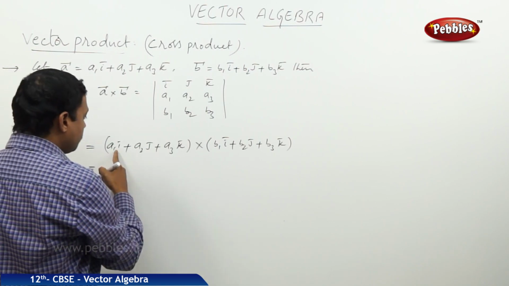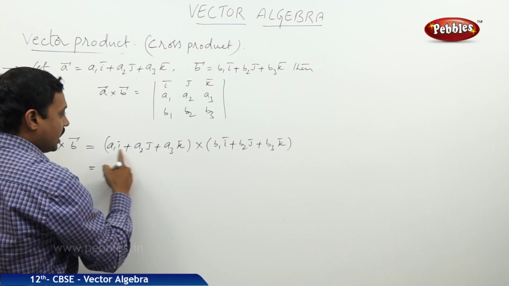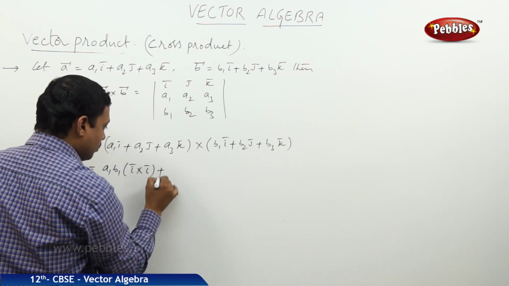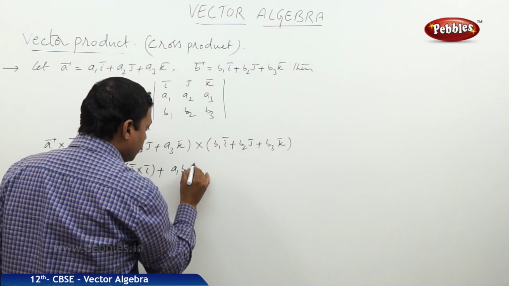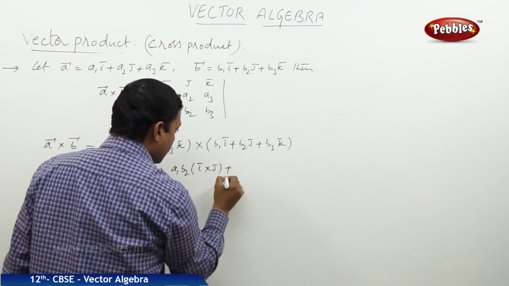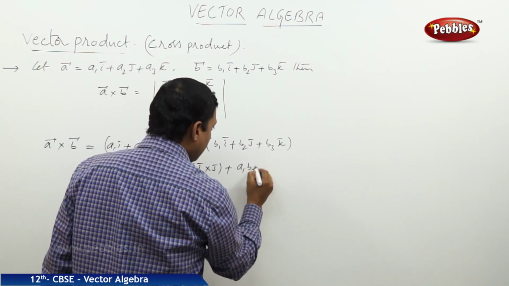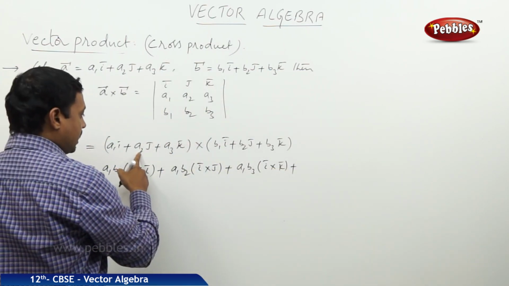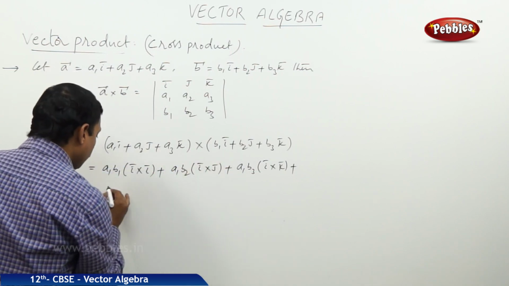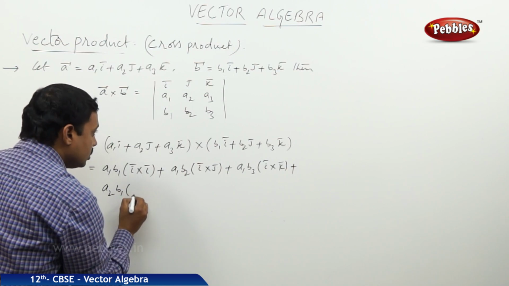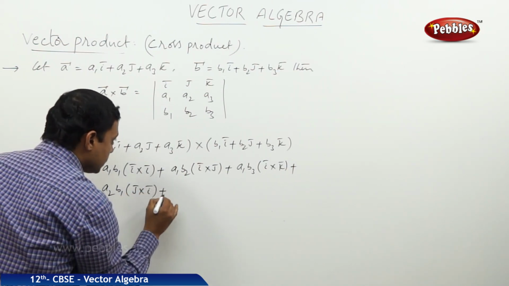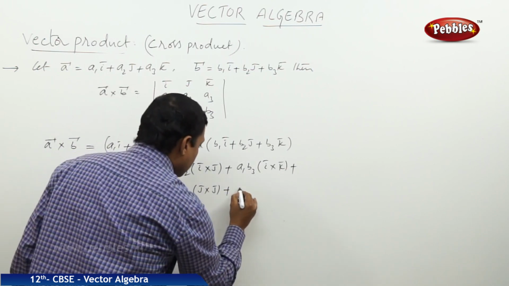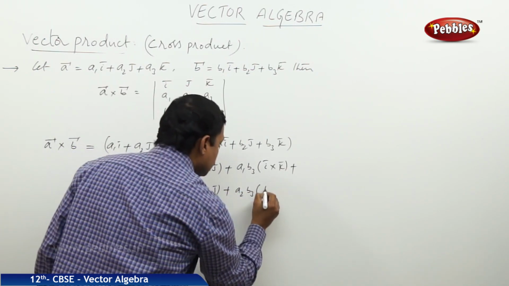Now by the distributive property we can write it as A1 B1 into i cross i plus A1 B2 into i cross j plus A1 B3 into i cross k, plus, with respect to A2 j, A2 B1 j cross i plus A2 B2 j cross j plus A2 B3 j cross k.